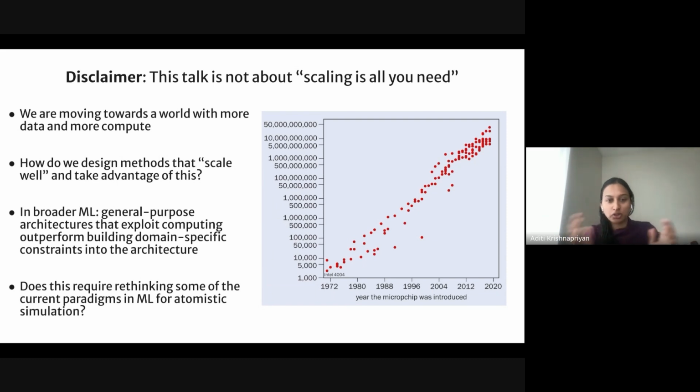A really natural example of this is how vision transformers don't have the inductive bias of spatial locality that we saw in CNNs, and how the models have done better by actually removing some of these domain-specific constraints. I think there's something here that should make us think in this field: are there certain things we should rethink about the current dominant viewpoints in ML for atomistic simulation?